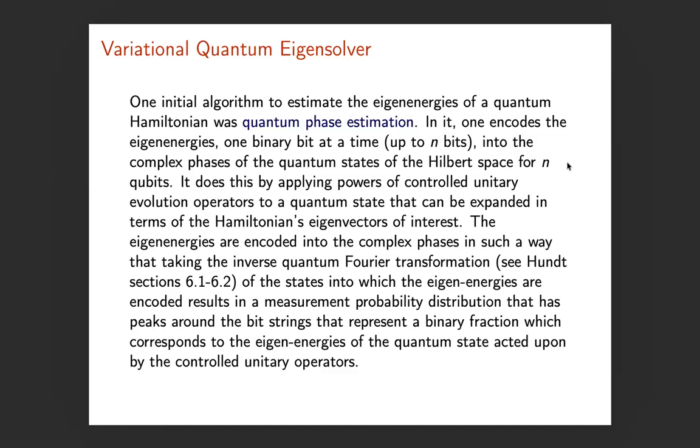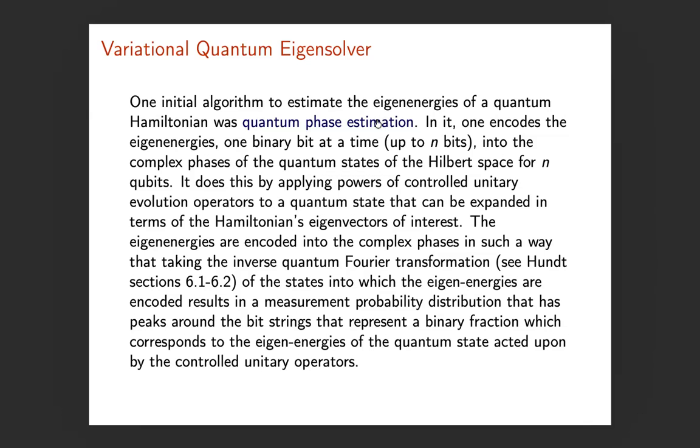So we are looking for an algorithm which becomes a hybrid algorithm, where parts of the algorithm are implemented on a quantum computer and the other parts are run on a classical computer. And the part which runs on the classical computer is the classical optimization part.